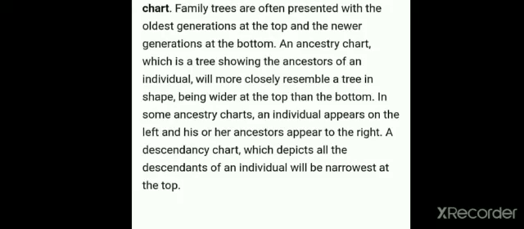For the birth of a single person, there are many people who are the reason. For example, the reason for your birth is your father and mother, and your father's father and your father's mother, and your mother's father and mother's mother. Like that, the tree goes on. That's why it is wider at the top and narrower at the bottom.